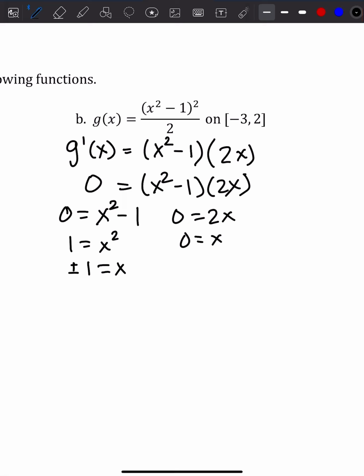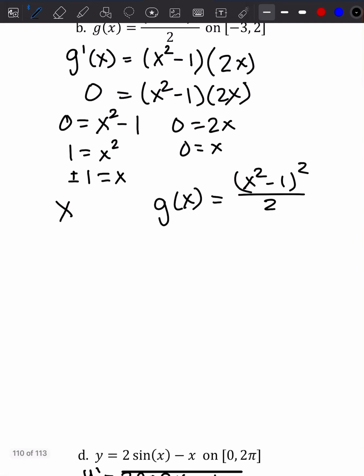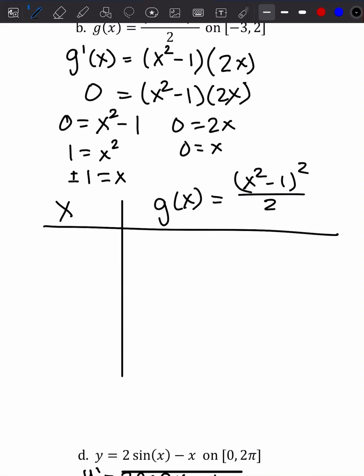We have negative 3, negative 1, 0, 1, and 2. So now we're going to plug this into our function and see what we can get. So negative 3, negative 1, 0, 1, and 2.